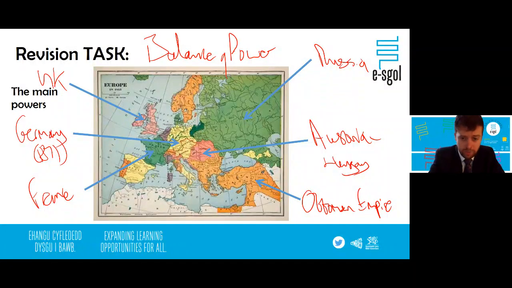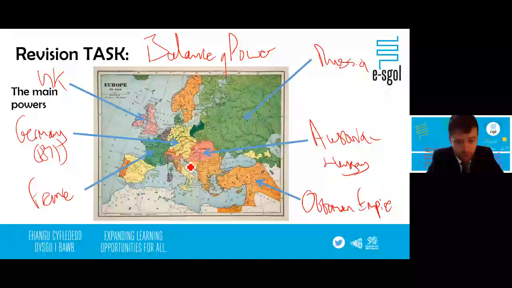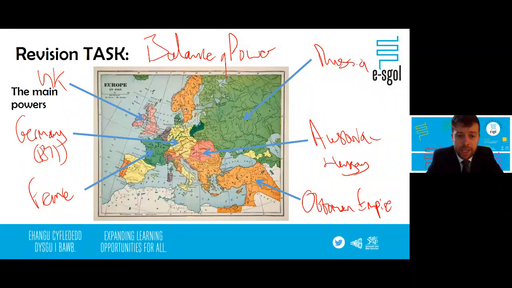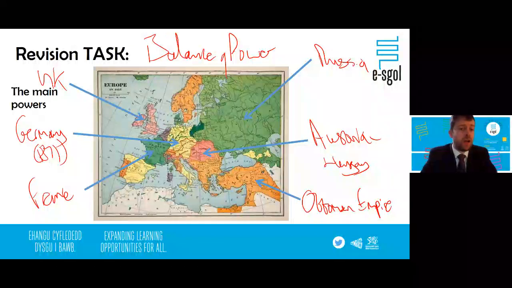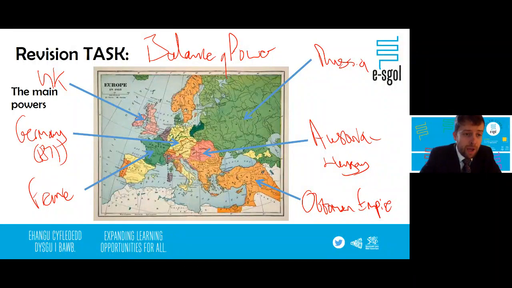Now all the other little countries at this time were in alliances with other major powers, these main powers here.